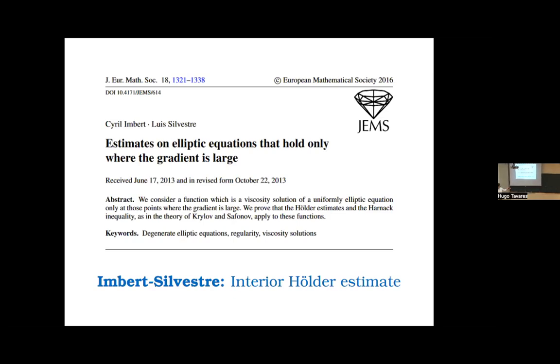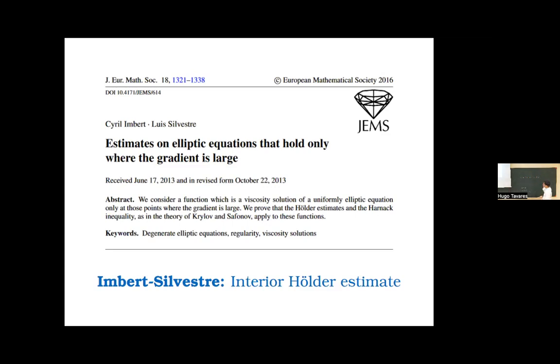So first, you may notice that it belongs to a particular class of degenerate equation that I have been studying recently. So let me write again the equation here so we don't forget. This is the minimum of minus the Laplacian, comma, length of gradient minus 1 equals 0.